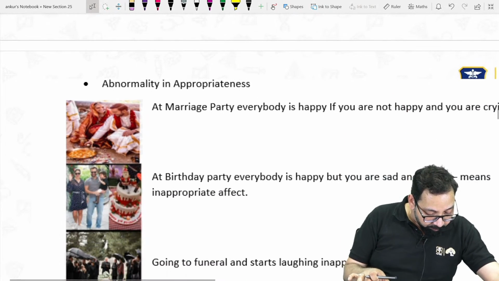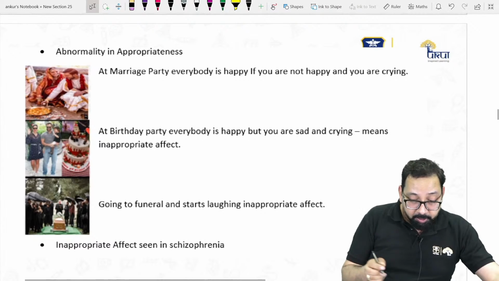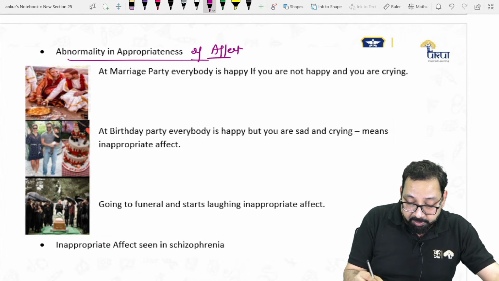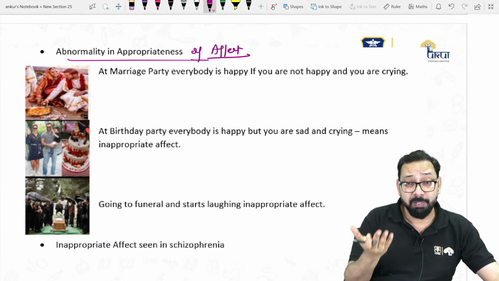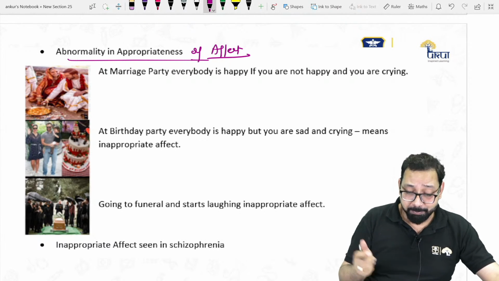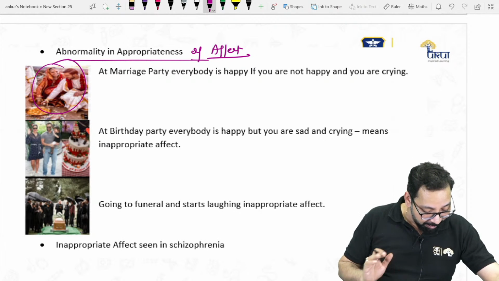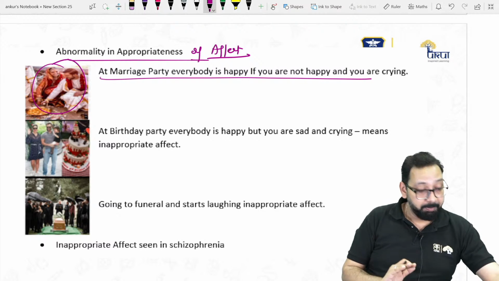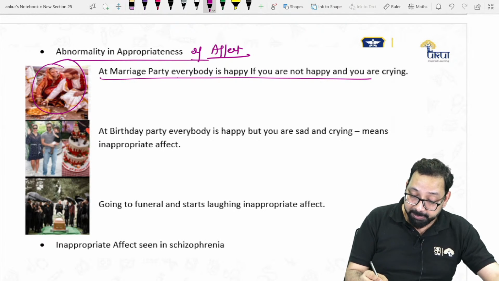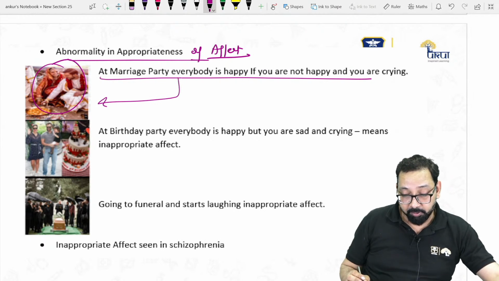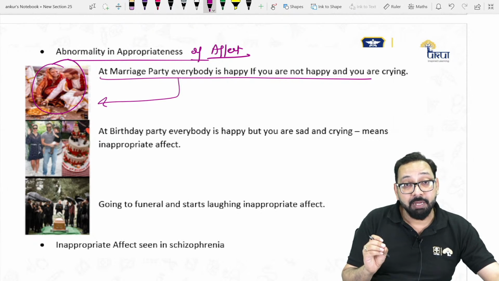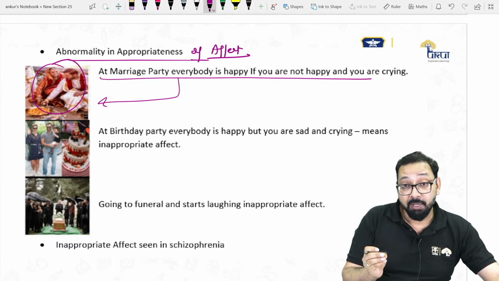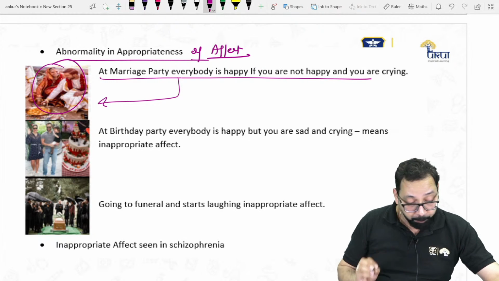So I will try to cover as many questions as possible. Abnormality in appropriateness of affect. Affect is the emotional state which is expressed outward. Suppose you go to the marriage party of Deepika, you must be happy. But if you go to the marriage party of Deepika and start crying, then I will say you may have schizophrenia and the affect is inappropriate.